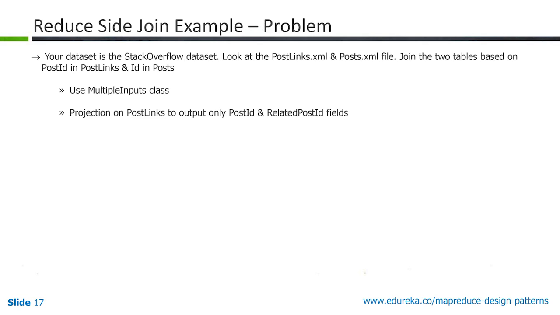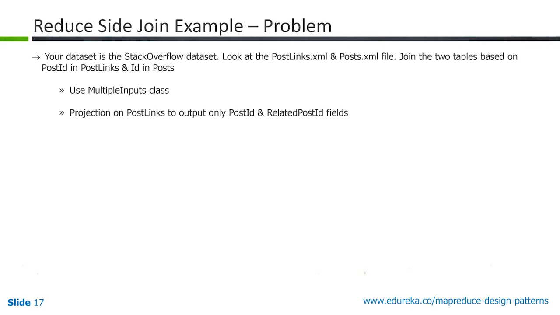Okay, so here is what I just discussed in terms of the problem on the previous slide. What we'll do is we'll use a class called multiple inputs class for reading from two different varieties of data. Because remember, we need to distinguish these data sets. Generally what we do is you have one directory in which you push all your files, and then when you start executing the program, the input format creates input splits.